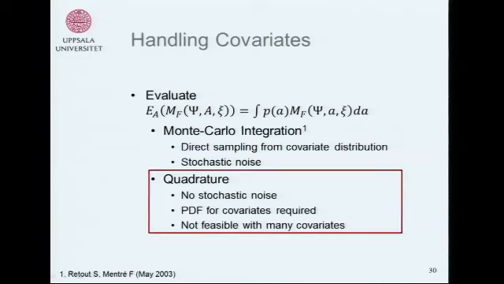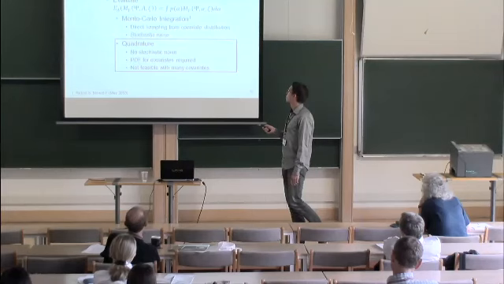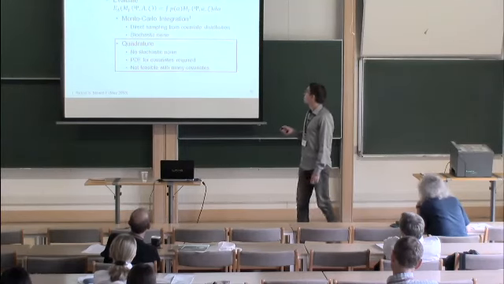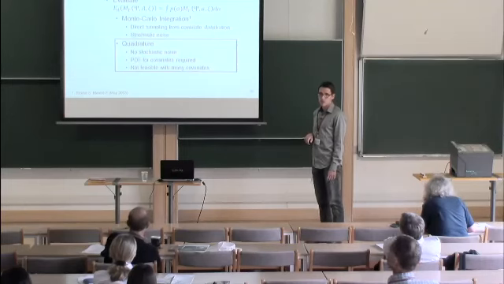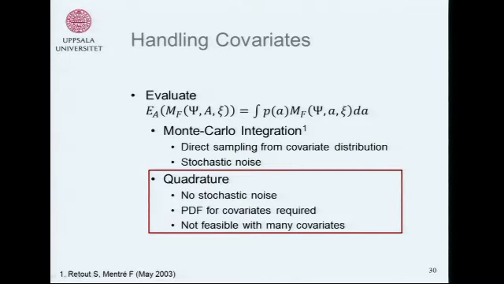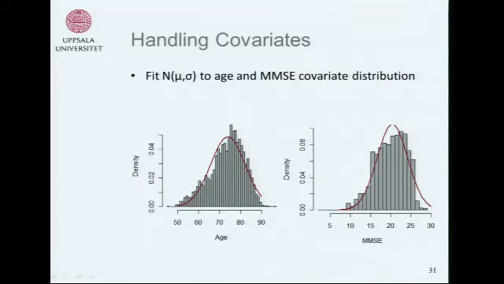Therefore, we selected the second method, numerical quadrature, which has the advantage of having no stochastic noise. But we need a probability distribution function for the covariates. And it's not feasible if we have too many continuous covariates, because the dimensionality grows too quickly. So to find the probability distribution function, we simply fitted normal distributions, which in our opinion match those covariate distributions quite well.